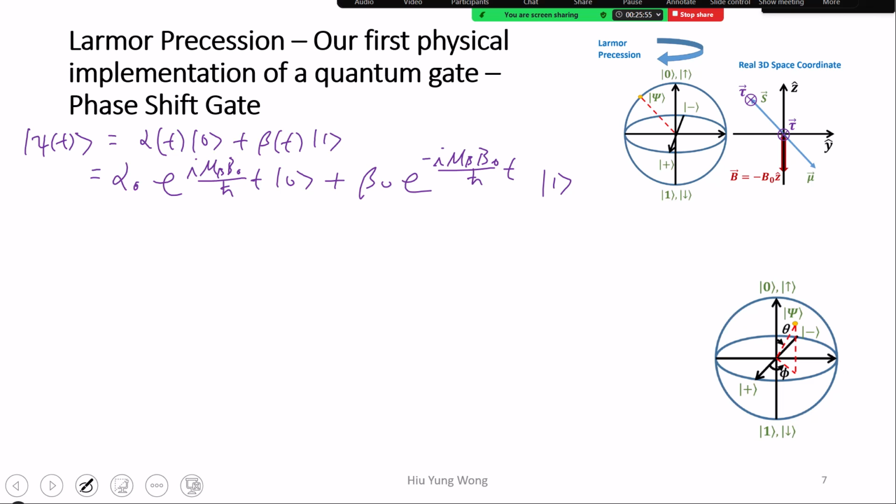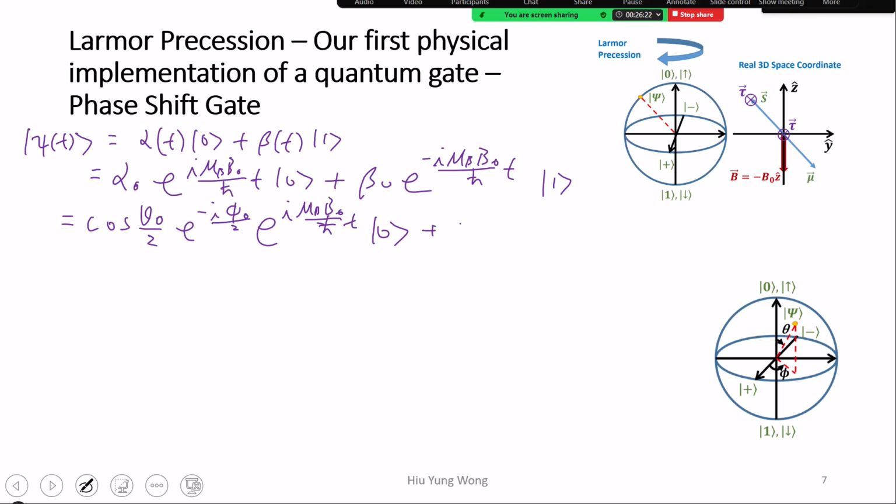But now I'm going to plug in alpha 0 also, because alpha 0 was the initial value. So I have cosine theta 0 over 2 e to the power negative i phi 0 over 2, and then e to the power i mu b 0 over h bar t, the whole thing in front of 0.